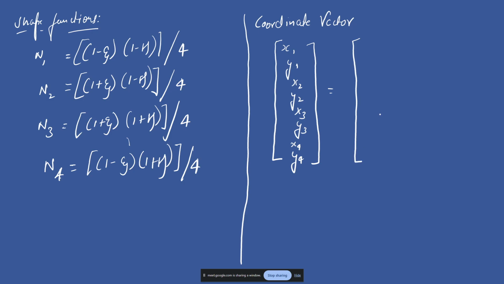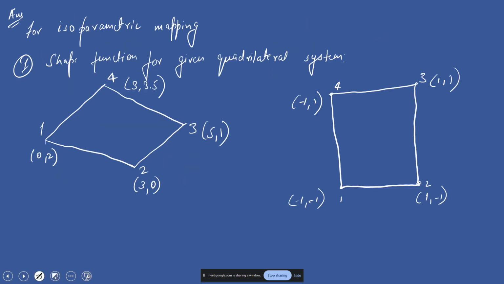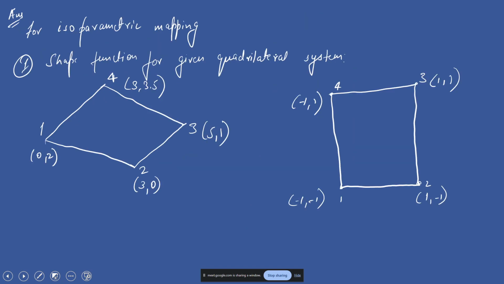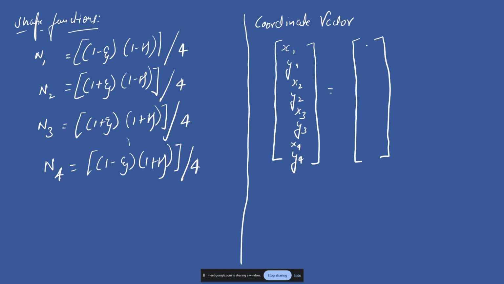You need to mark these particular coordinates into this vector. So what is there in front of you? 0, 2, 3, 0, 5, 1, 3, 3.5. So this is your coordinate vector.